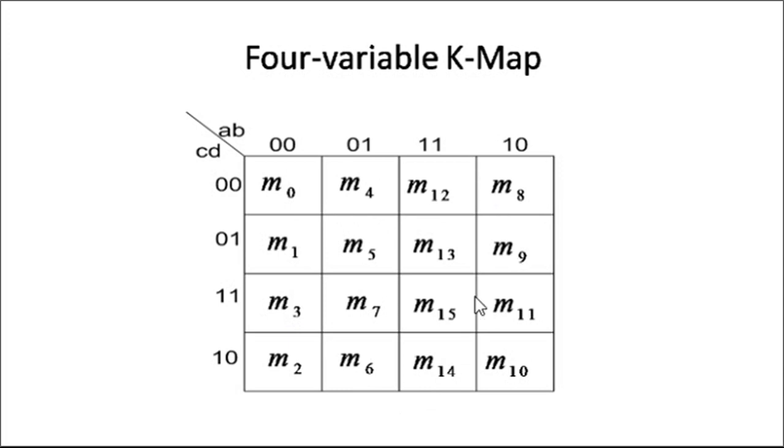So this is an example of a K-map for 4 variables. The same logic we can apply for the construction of a 2 by 2 K-map, 2 by 3 K-map, 3 by 2 K-map or 4 by 4. Above 4 variables, the plotting of the K-map is very cumbersome, very difficult. So that's why we construct the K-map up to 4 variables.